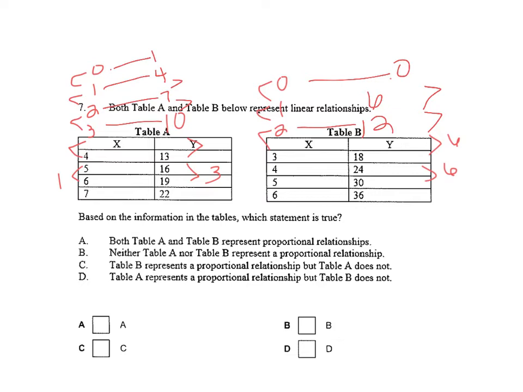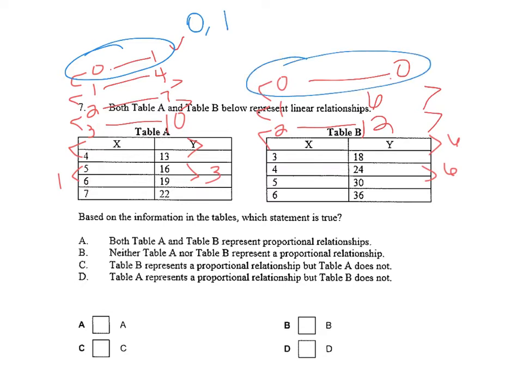Okay, so it looks like on table A, I get back to 1 on the y side, which means that's not proportional because I have 0, 1. And then on table B, I make it all the way back to 0, 0. So that means table B would be proportional.